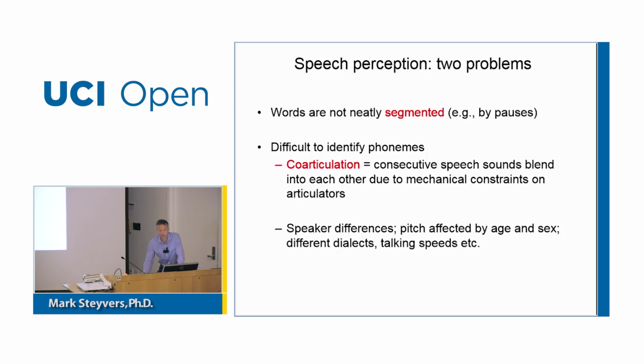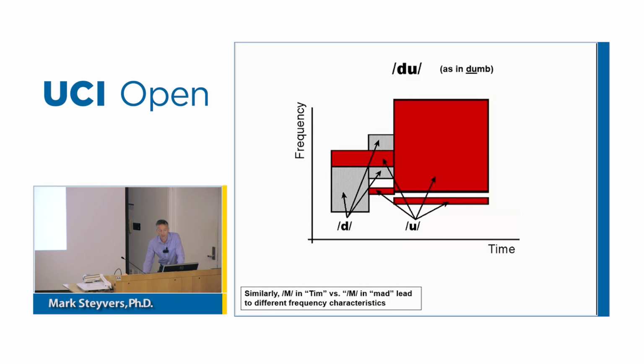There's a pattern of frequencies associated with u, and there's clearly different energy at these different frequencies. But as you progress from one phoneme to another, things start to blend, where in between the d and the u you have frequency characteristics that are blending both phonemes. And this is constantly happening as you move from phoneme to phoneme.